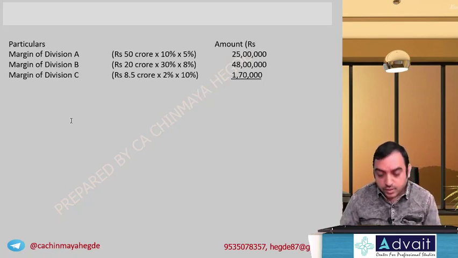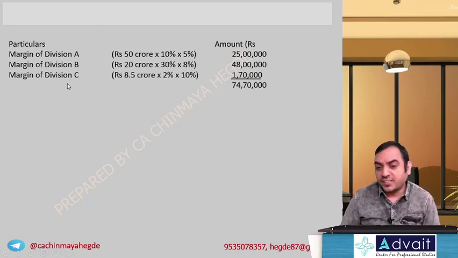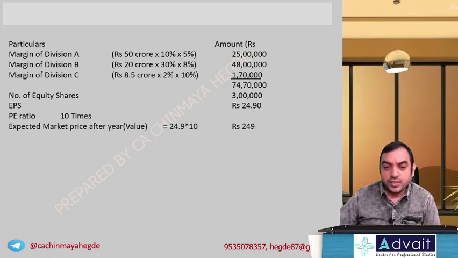Okay, hope you're able to get the numbers. So total profit income of the company 74 lakh 70,000. There is no tax part. Divide by number of shares, you get EPS multiplied by P ratio, gives you the expected market price.